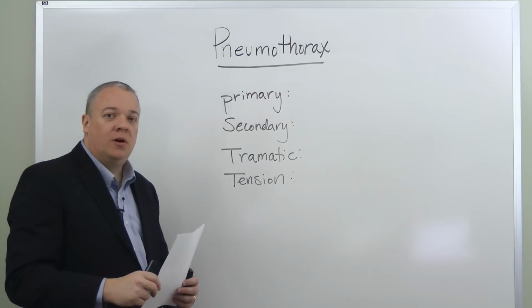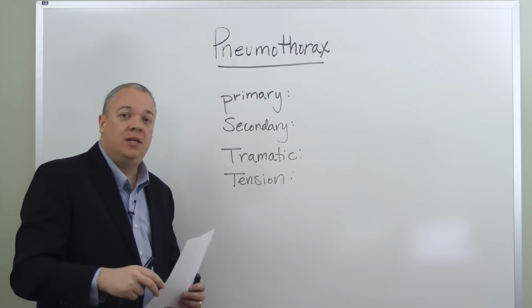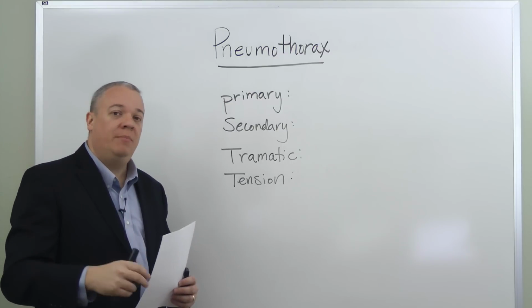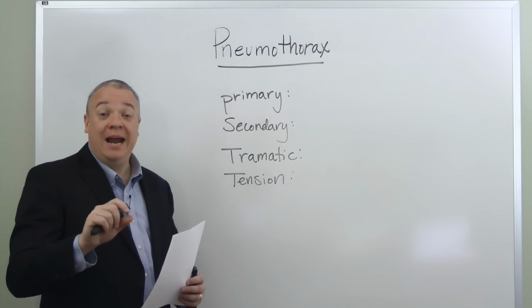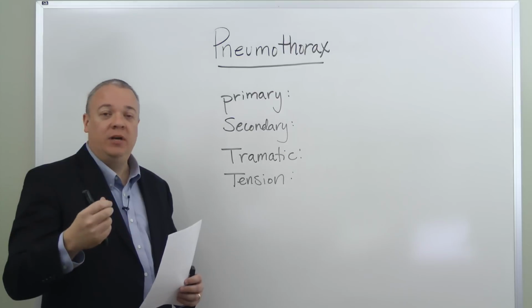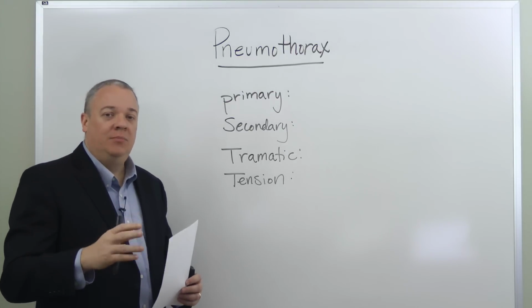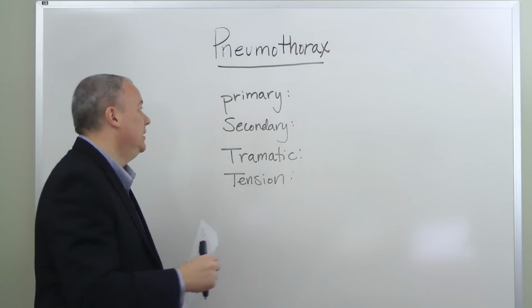A primary pneumothorax happens primarily in tall, thin people, young, tall, thin males most commonly. And a bleb, or an air blister, of various sizes on the outside of the lung has formed, and when it ruptures, it introduces this air and of course causes pressure in that cavity, perhaps partially collapsing the lung.